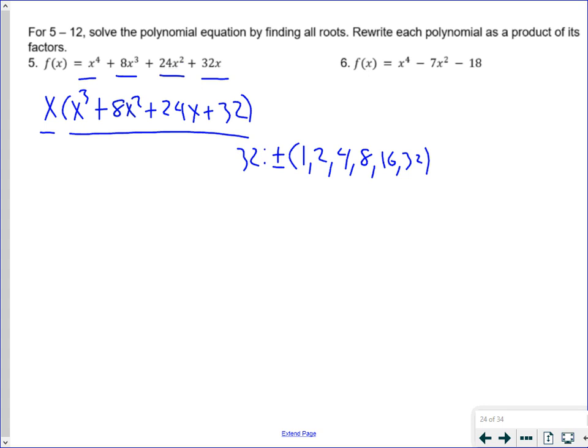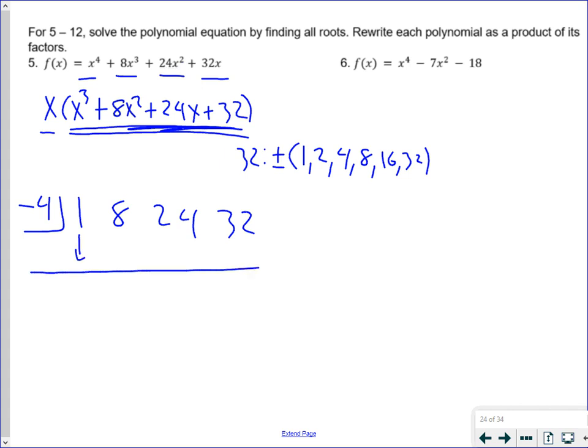All right. And in this case, we find out that -4 is actually a possible zero. I'm not going to go through all the guessing and checking, but -4 is a factor that works. So we're going to do our synthetic division with -4 and put our coefficients from this factor here. So 1, 8, 24, 32.